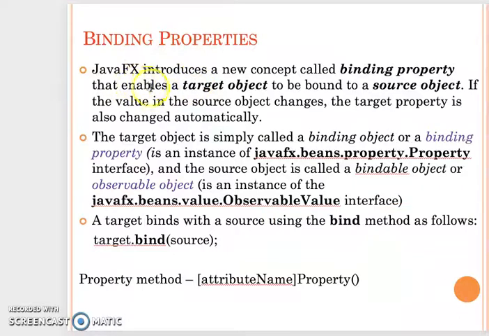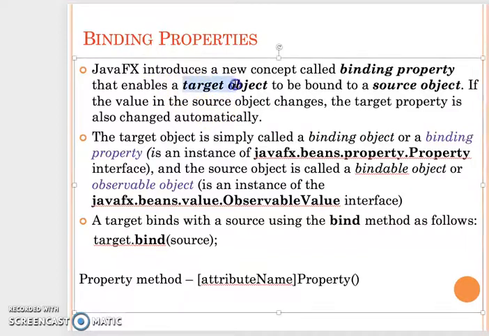So JavaFX introduced a new concept we call binding property. They enable a target object to be bound to a source object. In our example earlier, our target object actually is our line.